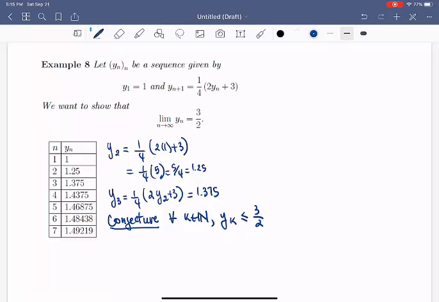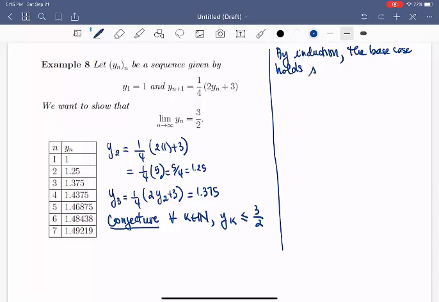We need to prove that, and we can try to prove this by using an inductive proof. So by induction, the base case holds since y sub 1 is 3/2, right?